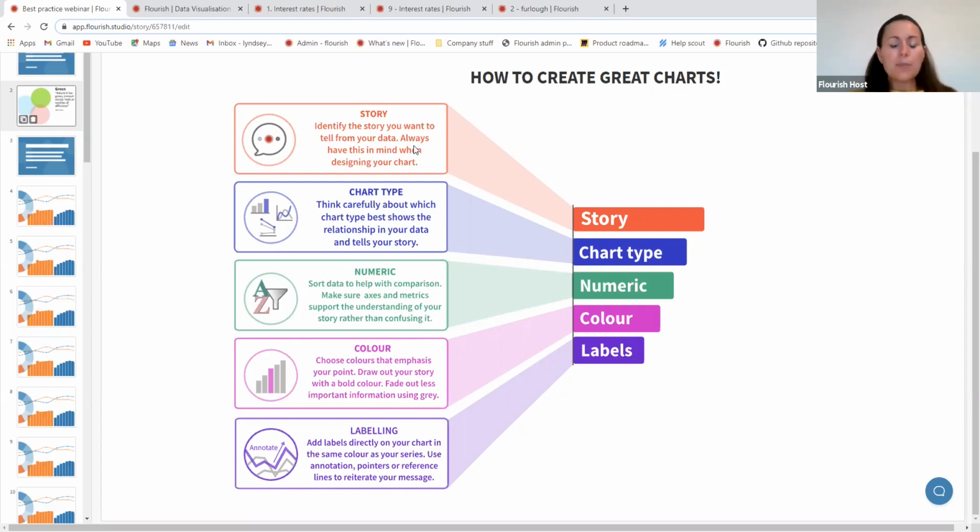Second, think about the best chart type that shows the relationship that you want to explain in your data. Again, lots of people forget to think about this step and just tend to use the chart types they know.